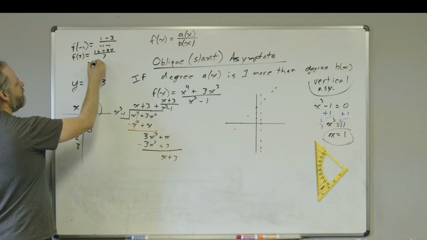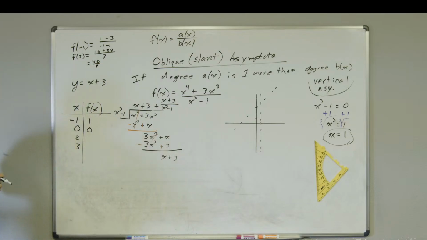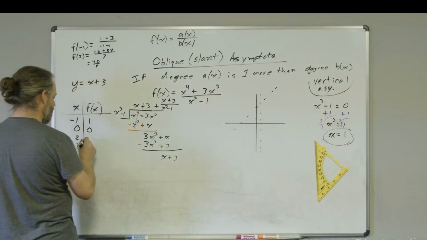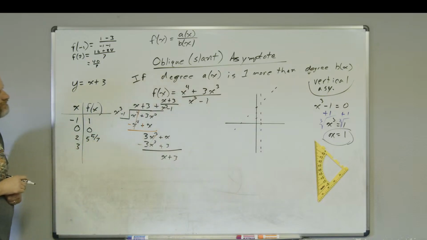Well, 7 goes into 40 how many times? 35. So 5 and 5/7. Yeah, that's ugly as sin. It's not that ugly. It's fine. Okay, let's put a 3 in there.